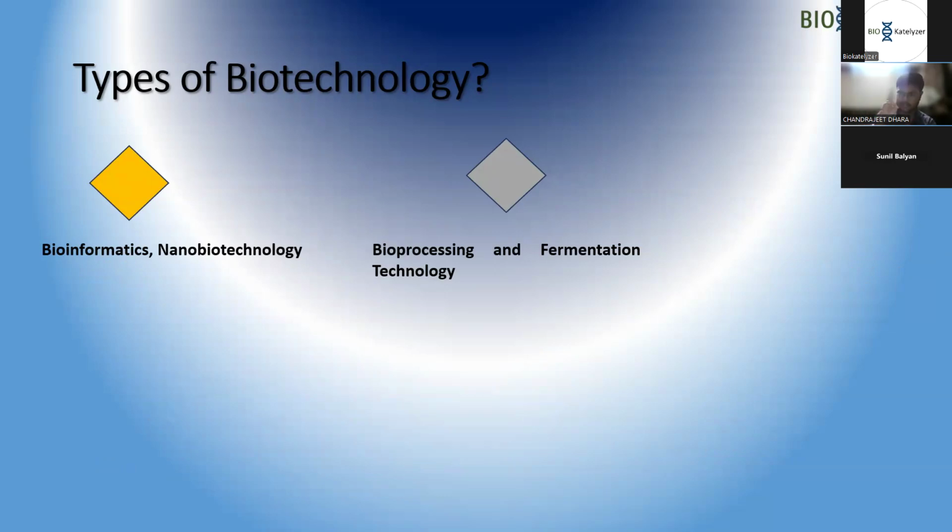There are three types of research we do. First is in vitro, where we cultivate or develop any organism in the laboratory, like in vitro fertilization. You all have maybe studied it.